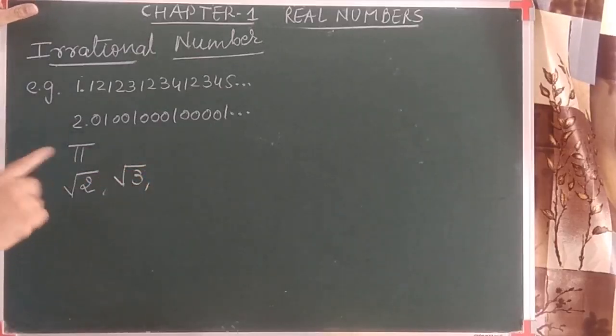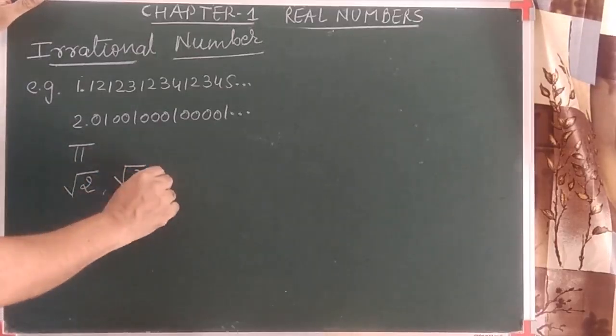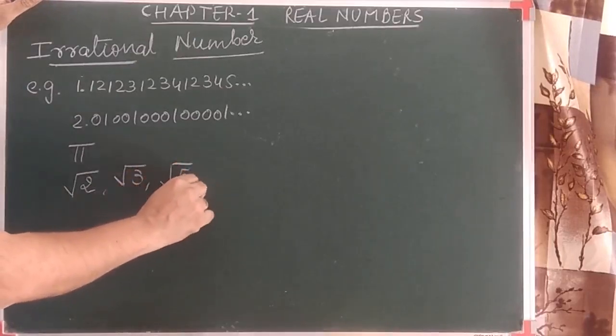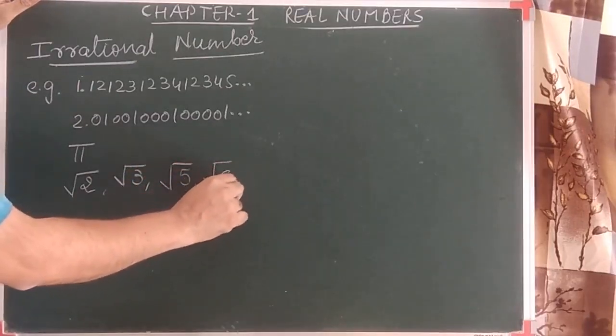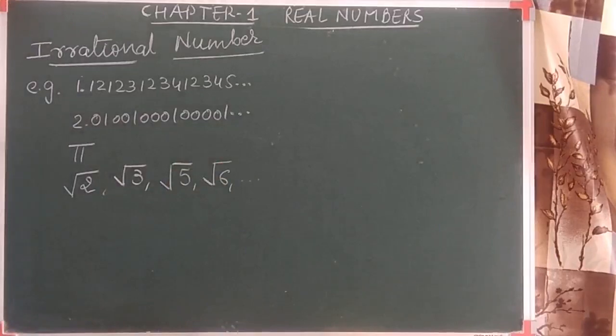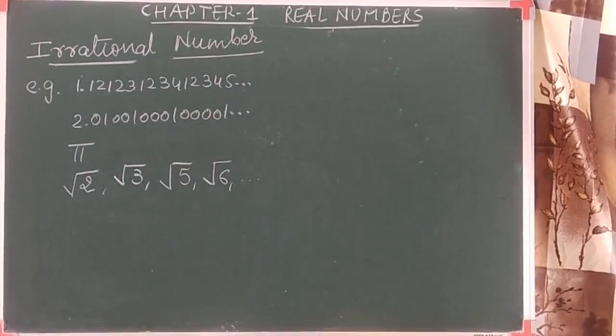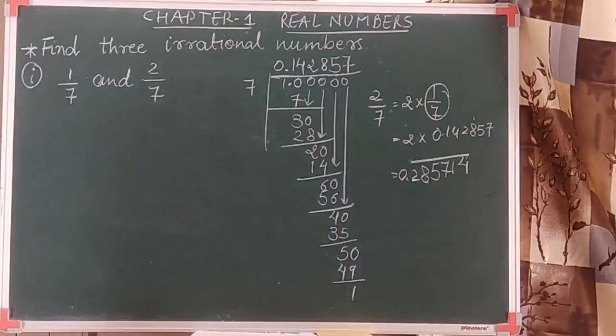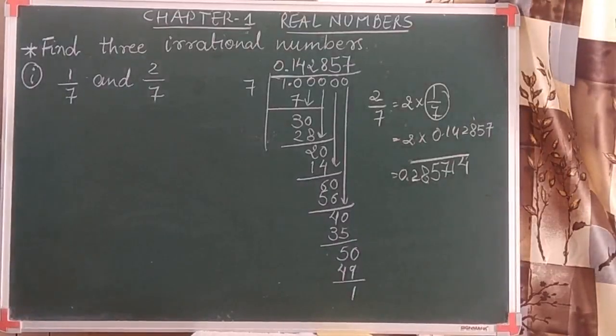Remember root 4 is 2, so that won't be. Root 5, root 6 are also, and many numbers. So the numbers which are non-terminating, non-reoccurring numbers are called irrational numbers.